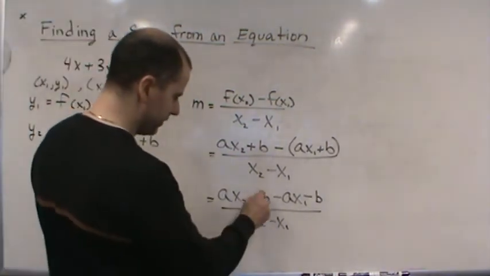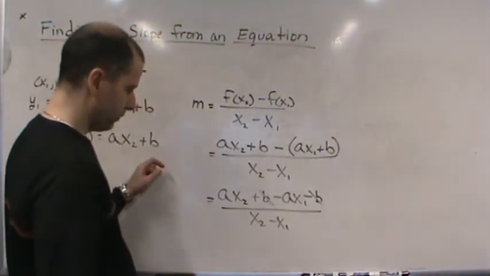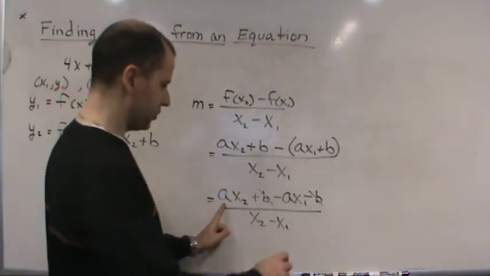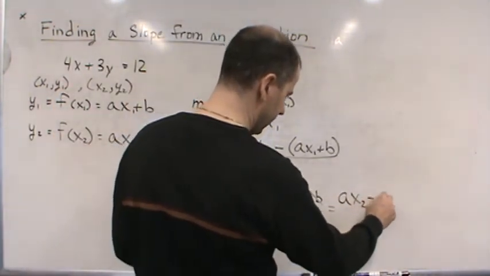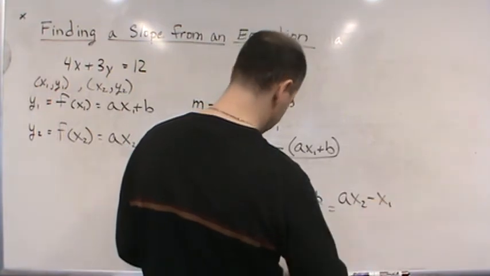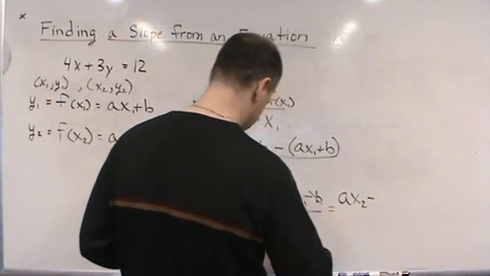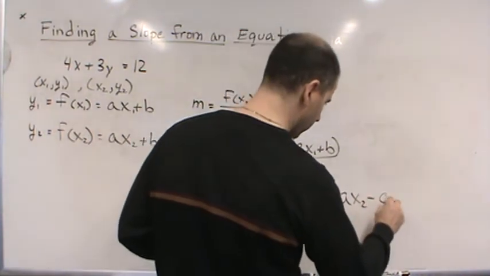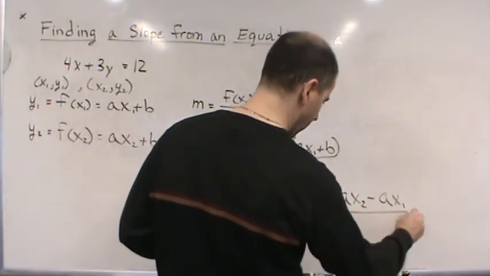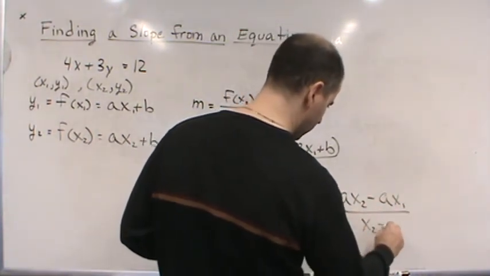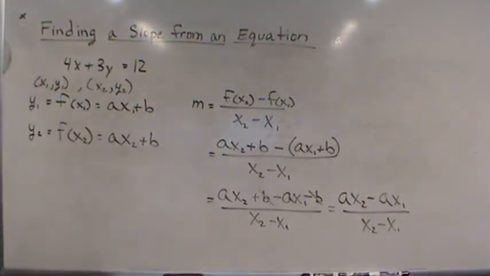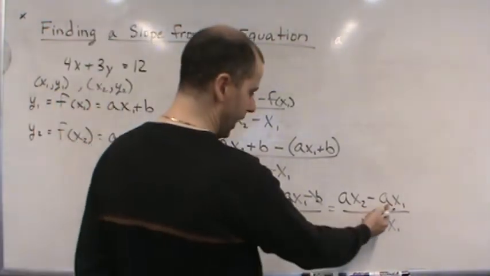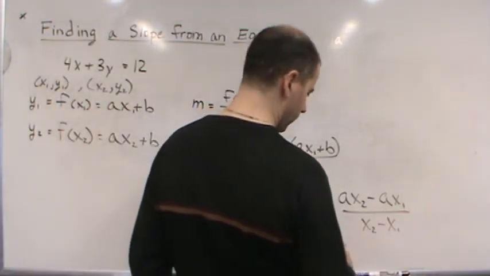Now this is going to cancel with this. And now I'm going to get ax2 minus ax1 over x2 minus x1. And now watch what happens. Now I can factor out the a, right?